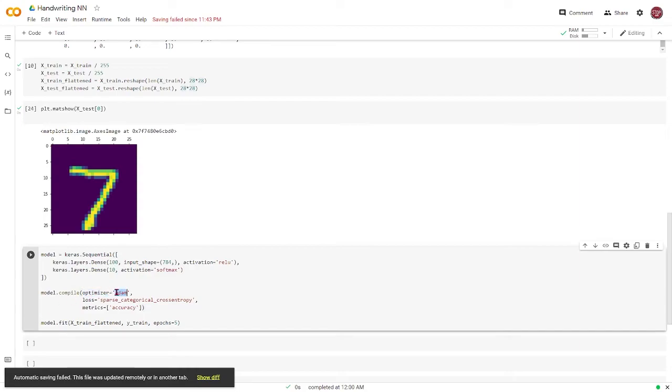I'm not trying to go into the specifics, but we use Adam when we want to solve a repetitive task quickly. So this is a pretty fast optimizer. That's why we like it. It's fast and efficient. We're going to be using the sparse categorical cross entropy loss function to determine our loss, and we're going to be doing it based on accuracy.